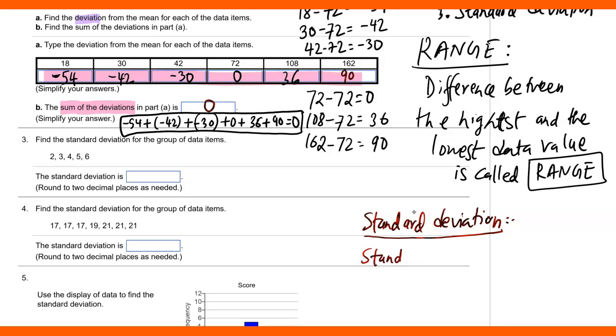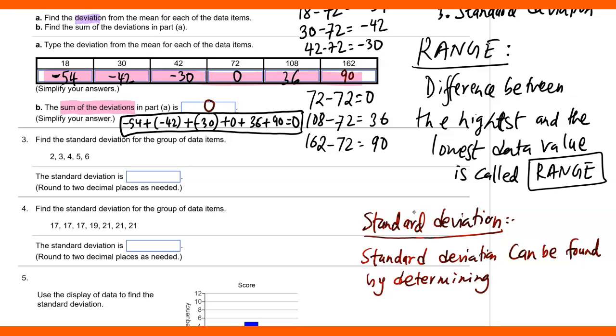Standard deviation can be found by determining how much each data item differs from the mean.